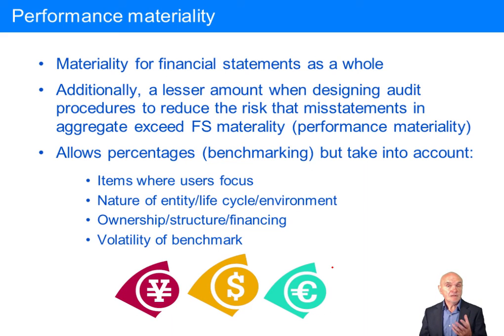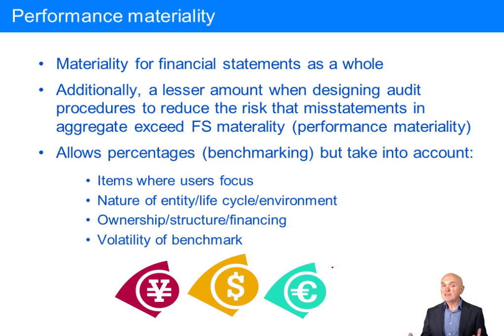Materiality is for the financial statements as a whole, but when you're designing your audit procedures, you will maybe set a lower amount to tell your audit team what to report. In other words, they're going to be reporting more errors, smaller errors, in case, as I say, they all aggregate to something which is material to the financial statements as a whole.